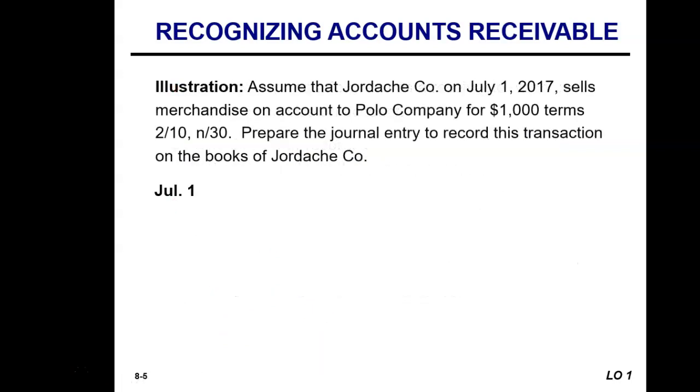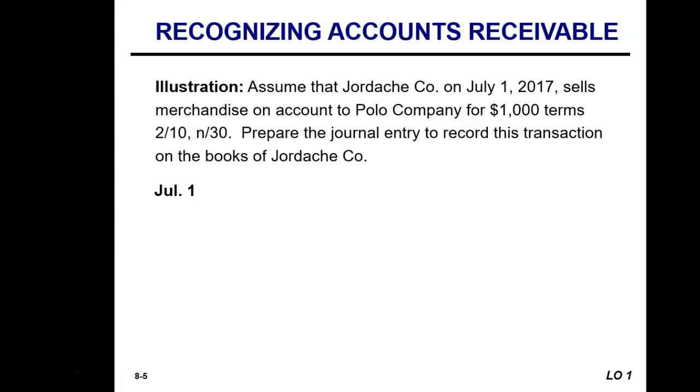For example, I'm going to go old school. Assume that the Jordache Company on July 1st sells merchandise on account to Polo Company for $1,000. The terms are 2/10, n/30. You're asked to record this entry on July 1st.